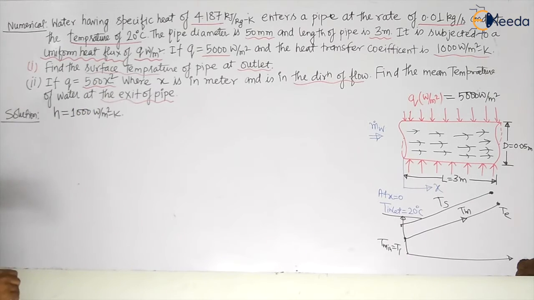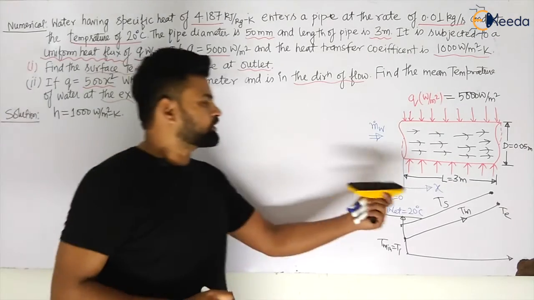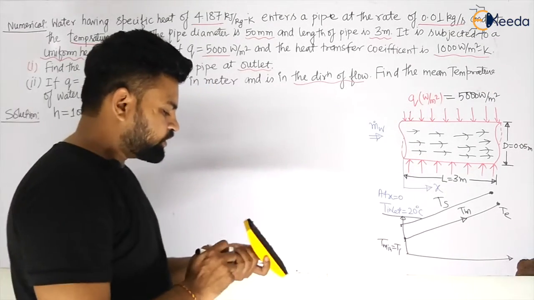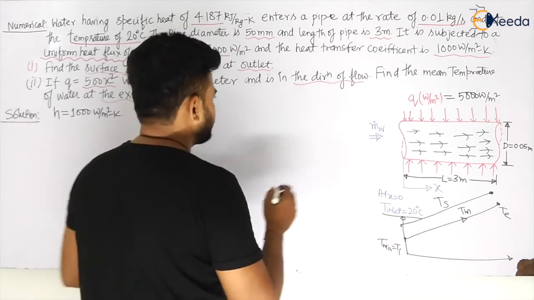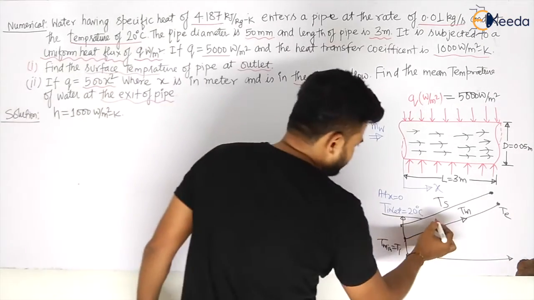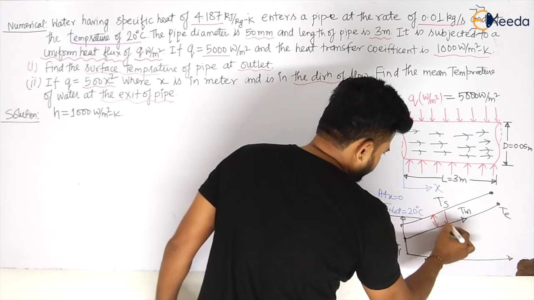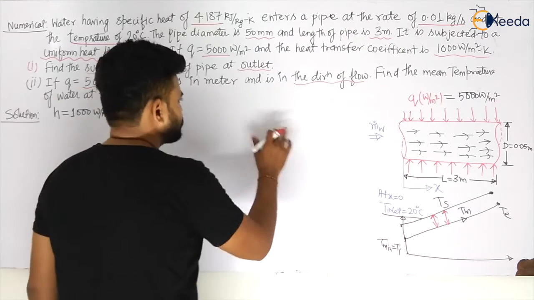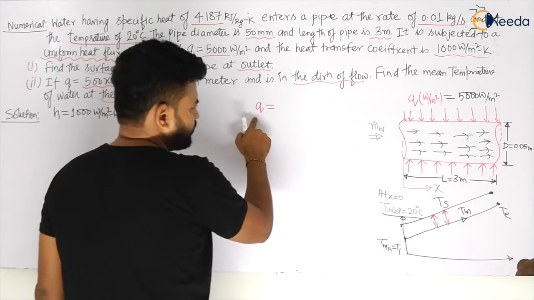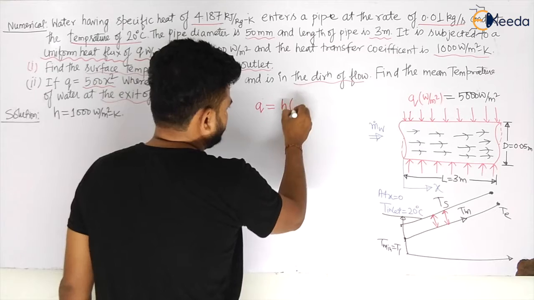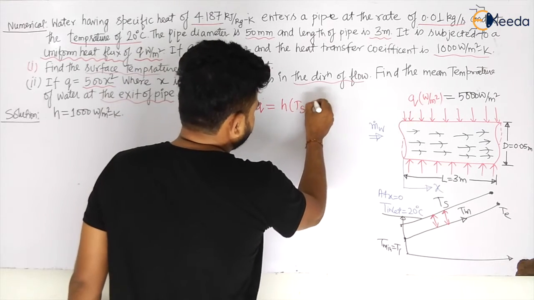Now we know that as the heat flux is constant, how does it become constant? Because the temperature difference Ts minus Tm will be constant. I am just repeating again, you know the concepts now. So the heat flux per unit area Q will be given by h into (Ts minus Tm).